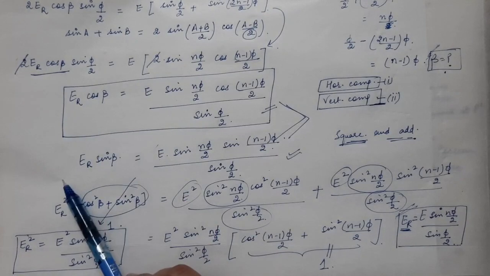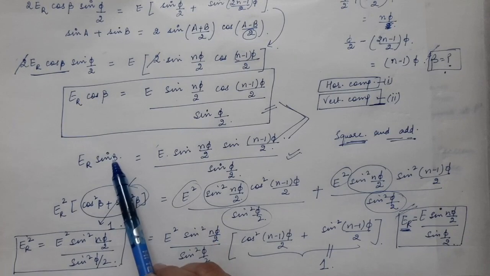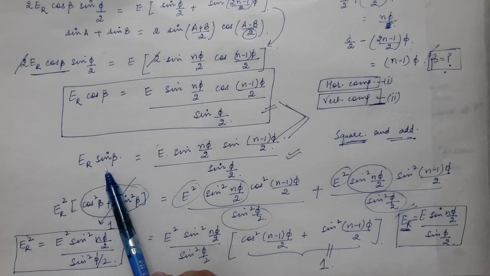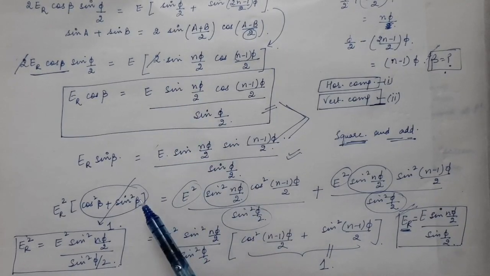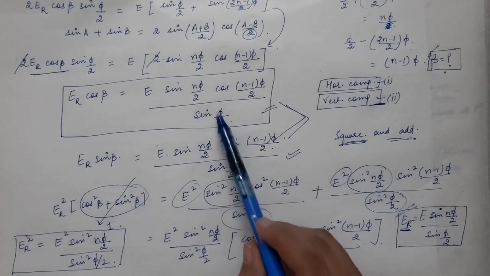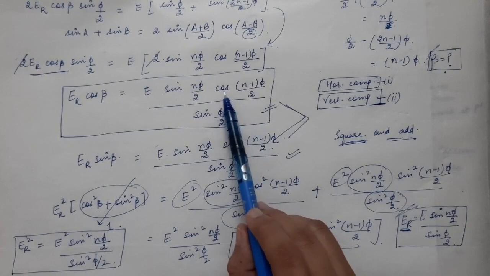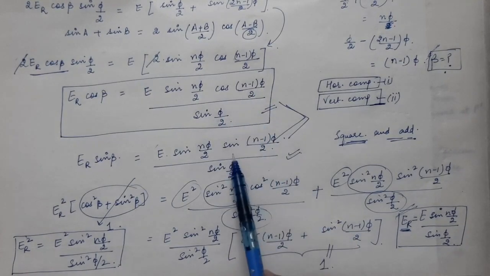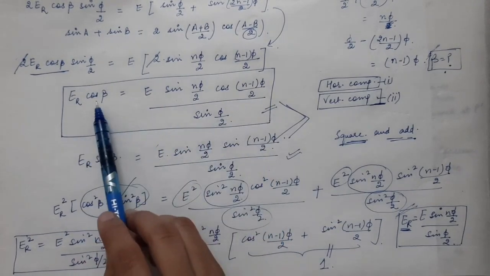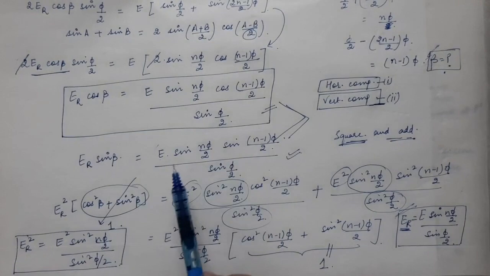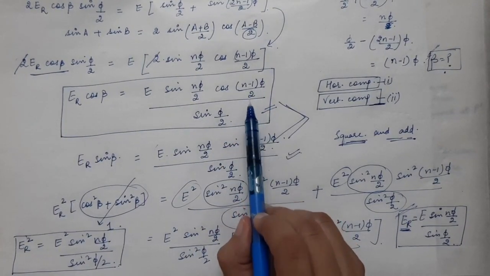ER will cancel with ER, and cos beta divided by sin beta will be equal to cot beta. E will cancel with E, sin n phi by 2 will cancel with sin n phi by 2, and sin phi by 2 will cancel with sin phi by 2. On the right hand side you will just get cos of n minus 1 phi by 2 divided by sin of n minus 1 phi divided by 2. So on the left hand side you get cot of beta, and on the right hand side cot of n minus 1 into phi divided by 2.